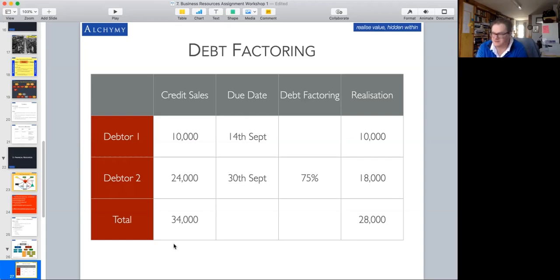Debt factoring means saying, Esther owes me money. I'm going to go to Rana and I'm going to say to Rana, look, Esther owes me €10,000. I'll sell her debt to you for €8,000. Rana looks at Esther and thinks, okay, I'm going to be able to get the money from Esther, so I'll do that. I'll give you €8,000 and I'm buying the debt off you.